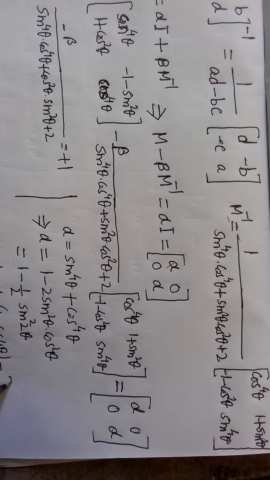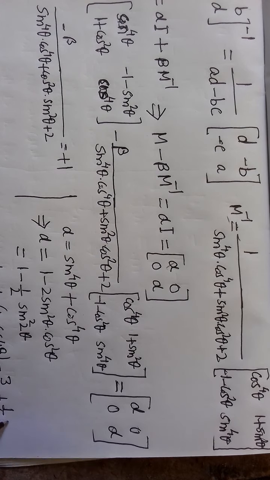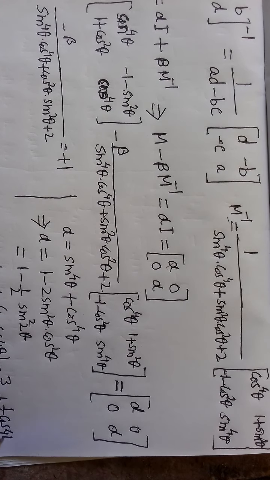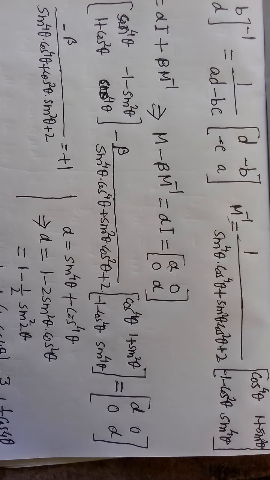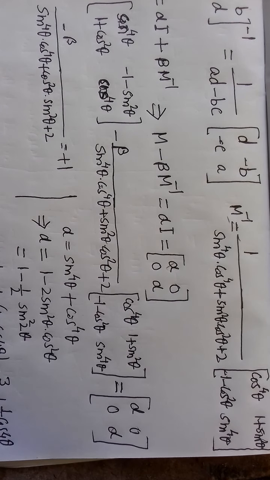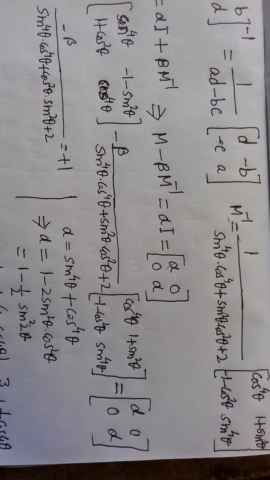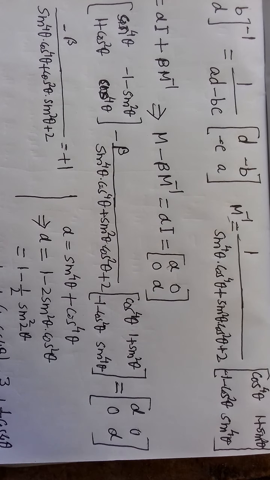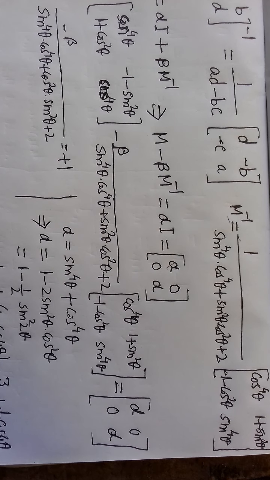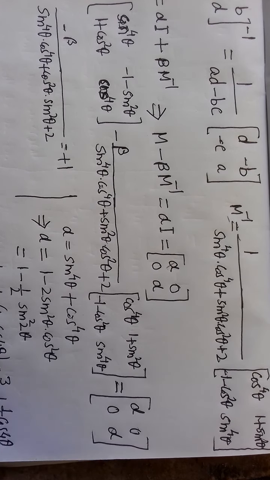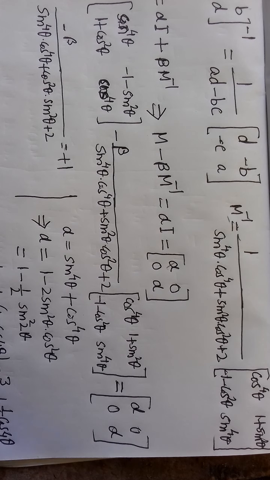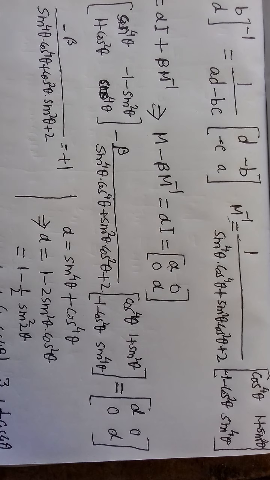This gives us 3 by 4 plus 1 by 4 cos 4 theta. From here, alpha minimum, as according to the question, will be 3 by 4 minus 1 by 4, as the minimum value of cos 4 theta is minus 1. So this gives us 1 by 2.